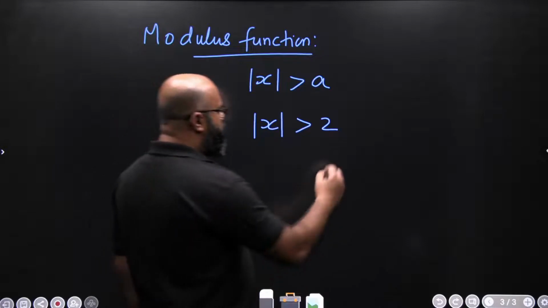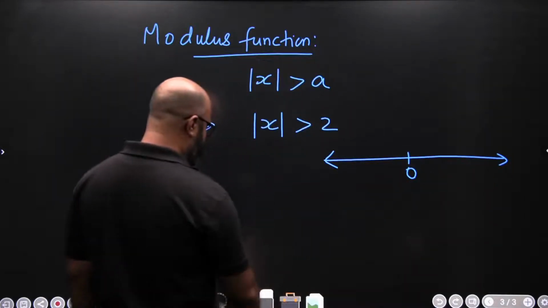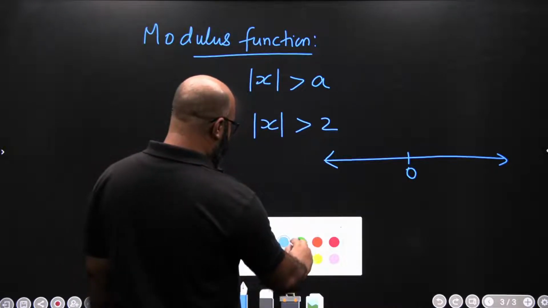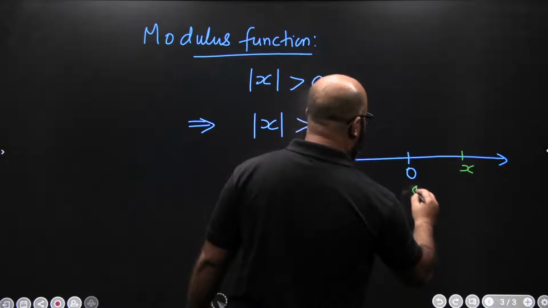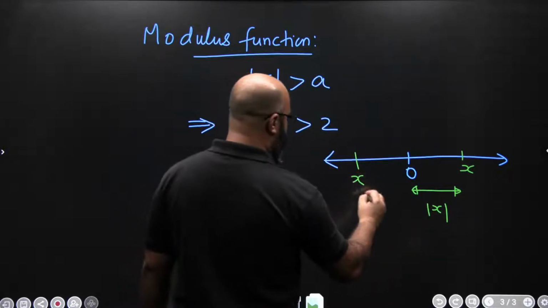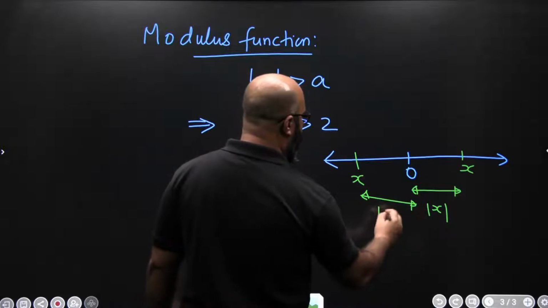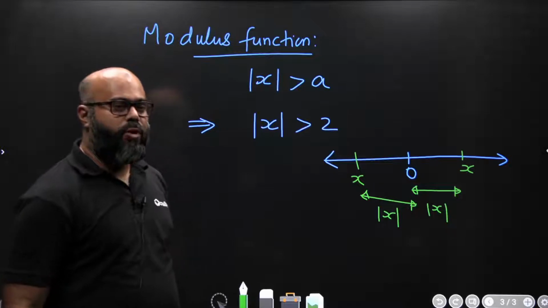By modulus, we know that modulus represents the distance from origin. So what is mod x? It is the distance from origin. Suppose x is here, so this distance is mod x, or if x is here also, then this distance is mod x. Whether x is negative or positive, mod x will be positive.